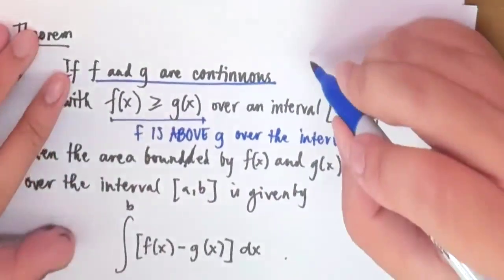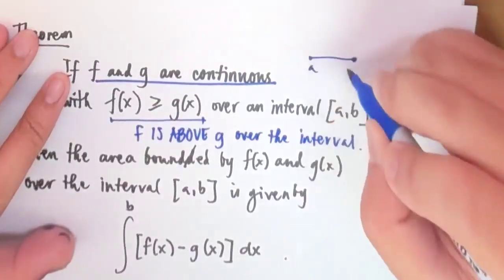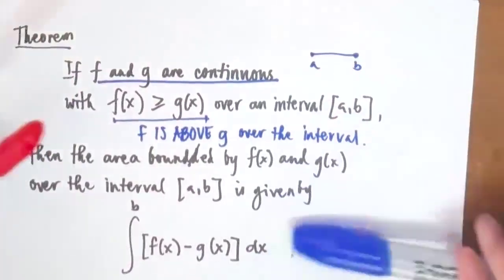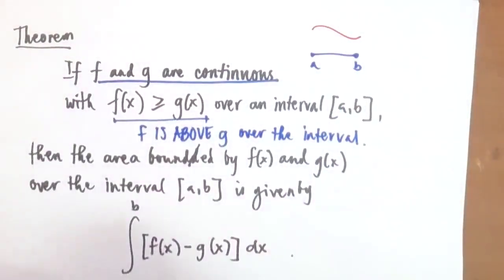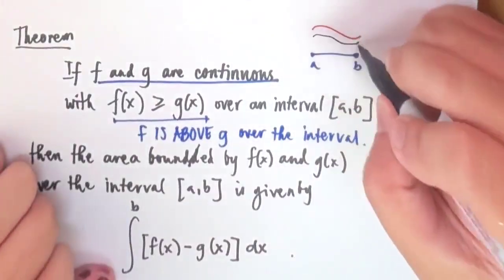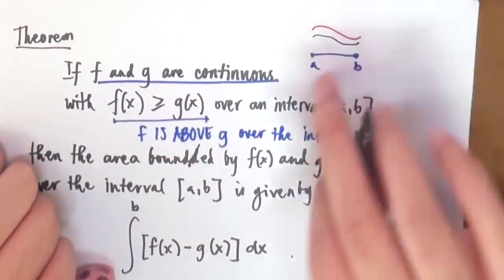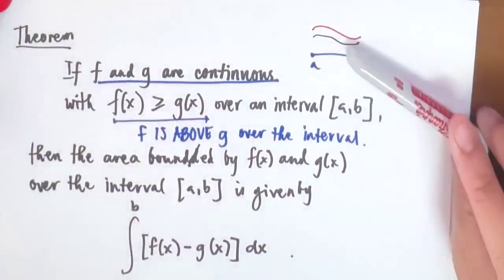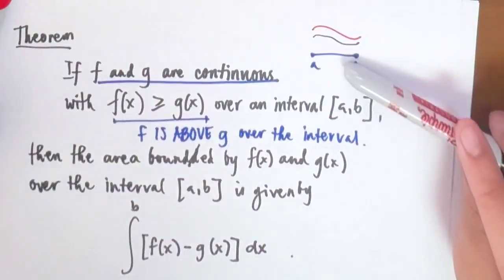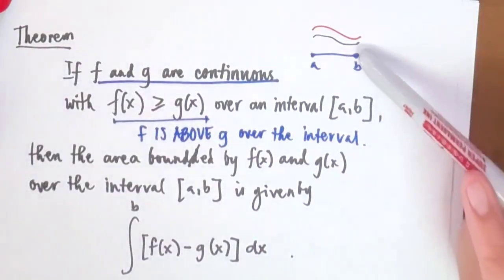So an example with this is if this is the interval AB, your two functions might look like this and this, right? In this particular case, the red function is obviously above the black function here.